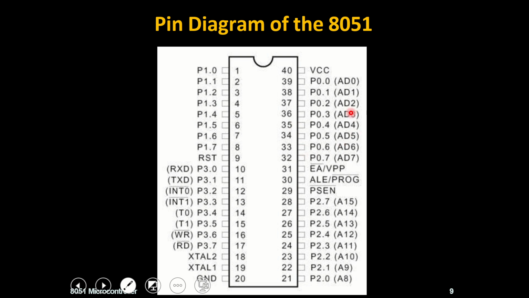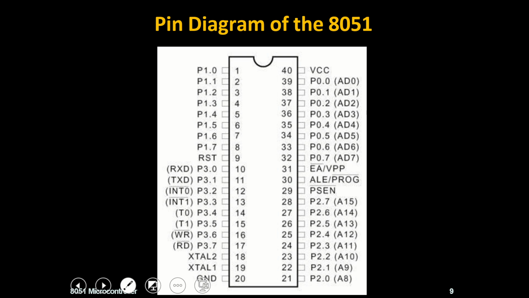So port 0 is dedicated for connecting the external memory with the 8051 to collect the address and the data. In this port, address and data are both multiplexed together. To demultiplex the address and the data lines, we have a signal, address latch enable. If address latch enable is 0, address lines will be provided.